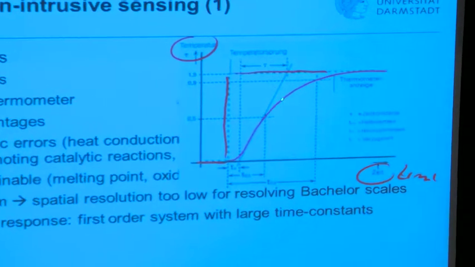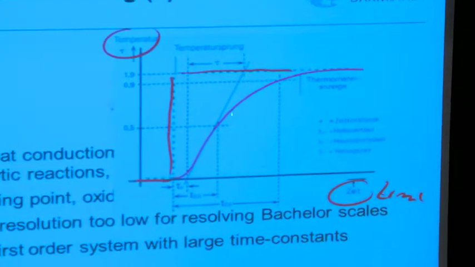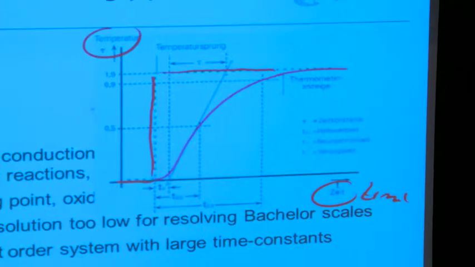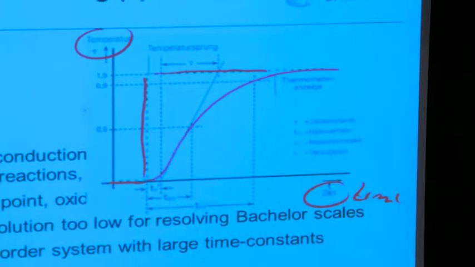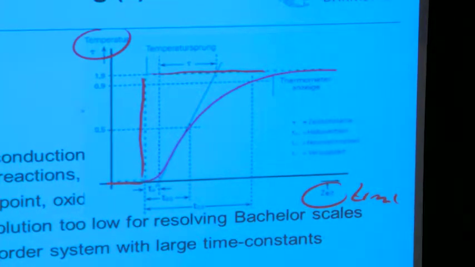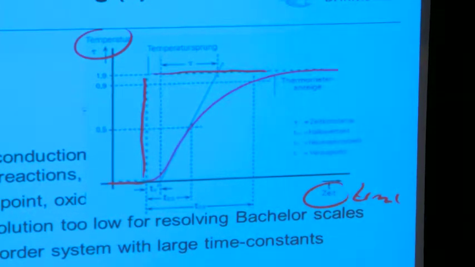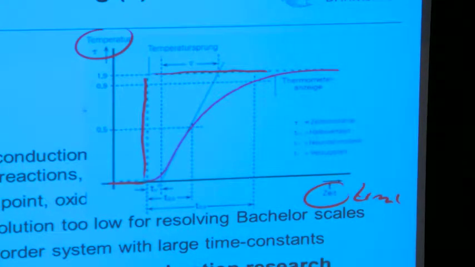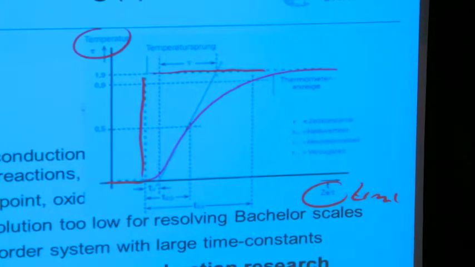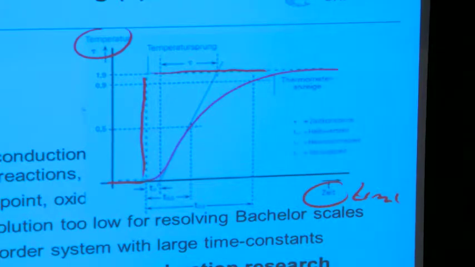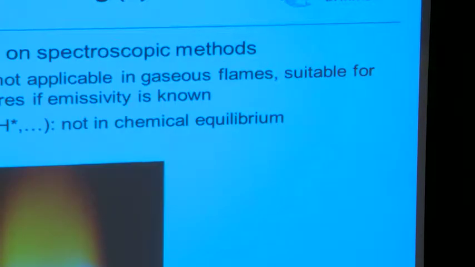This is first order system behavior with a certain delay. That means you again have low pass filter characteristics, and high fluctuations of the temperature as in turbulent flames could not be followed. So that's why we really prefer methods based on spectroscopy and not relying on these intrusive sensors.